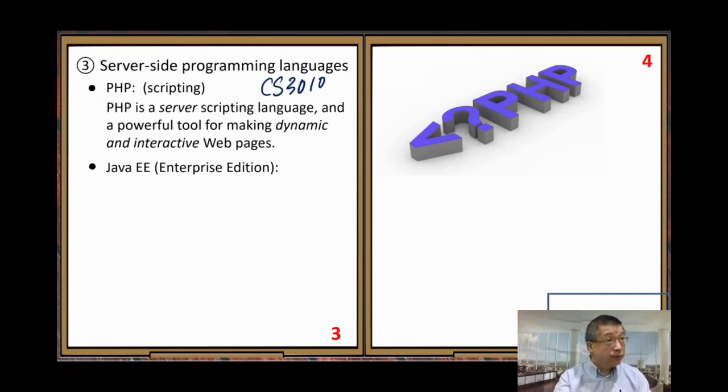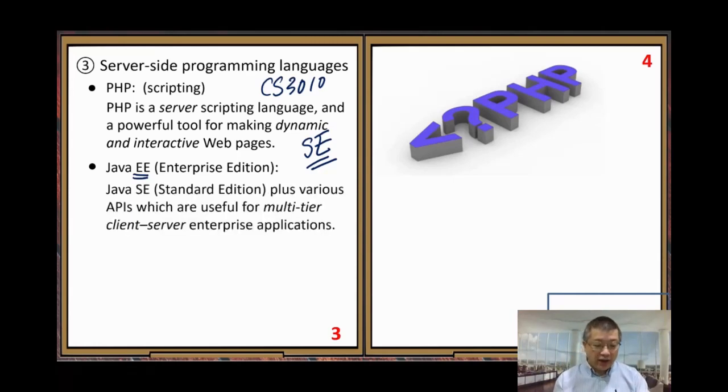The one you learned in that lower level 2261, that entry-level Java course, that version, we call it SE, Software Edition. But here we need to learn this. In order to do web programming, we need to use the EE version.